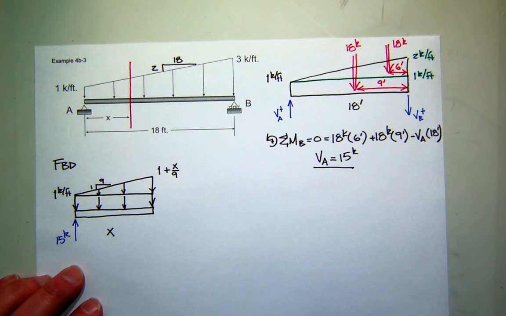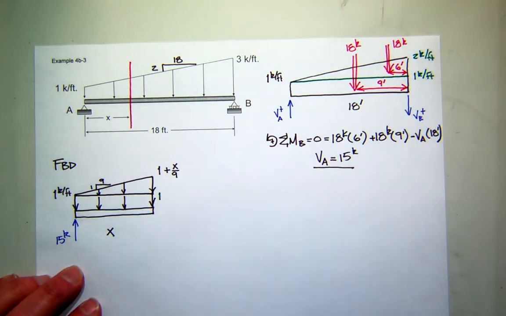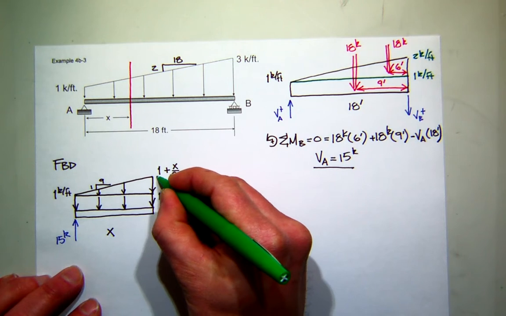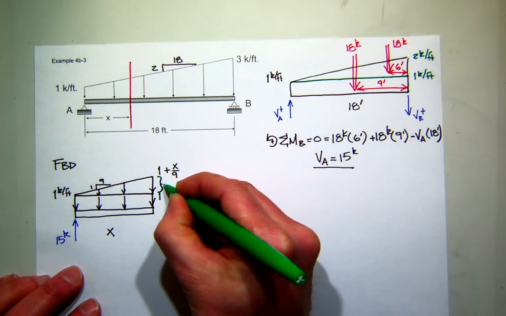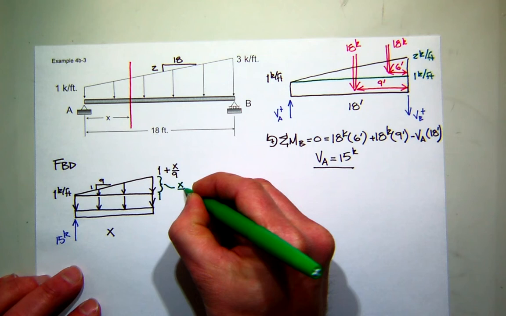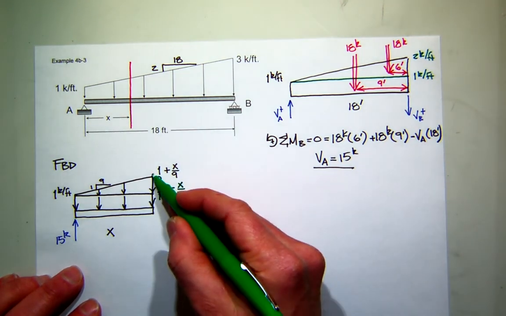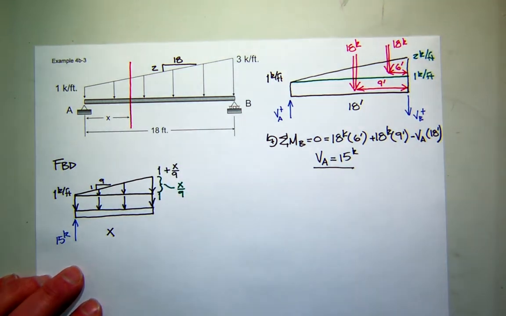And I'll write these in different colors so you can see it. So I know the rectangle is still 1. So what's this little additional piece? It's going to just be x over 9. 1 plus x over 9 equals 1 plus x over 9.